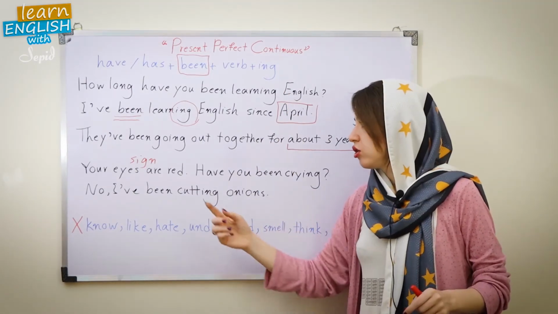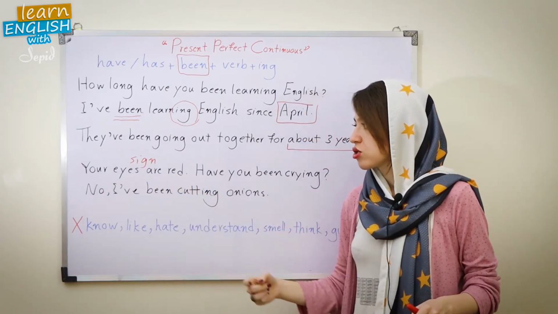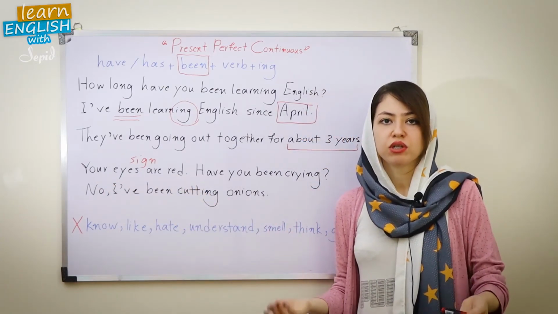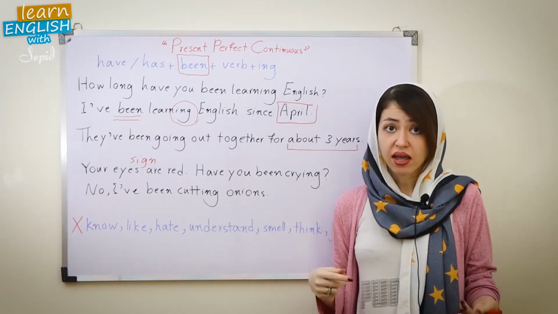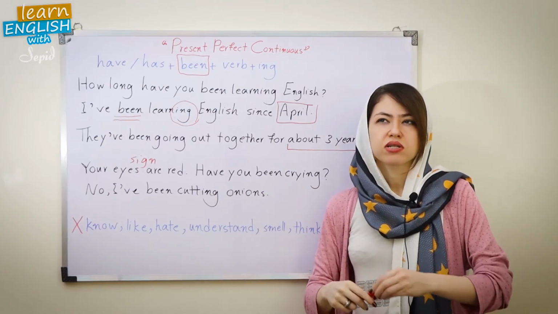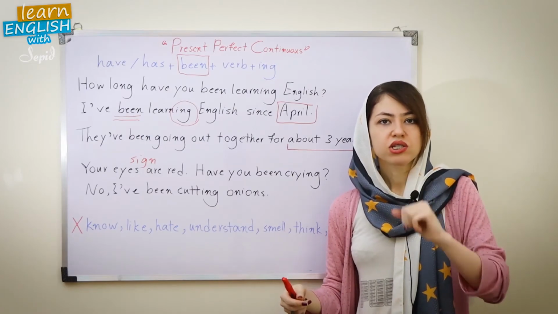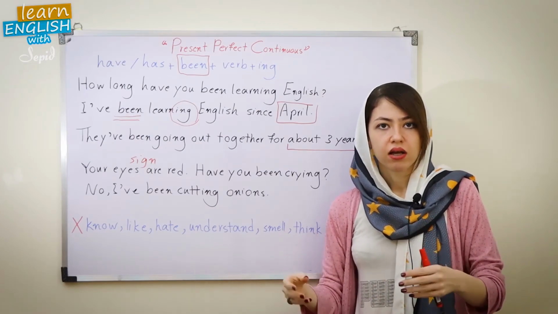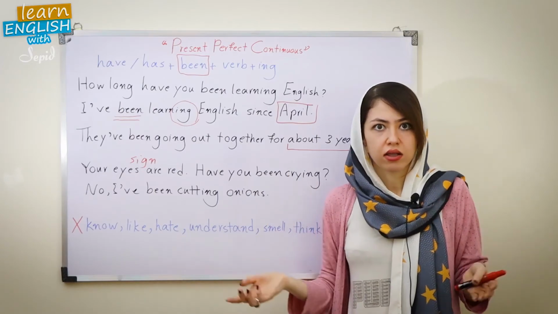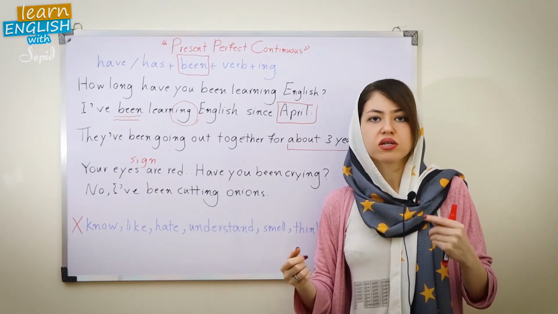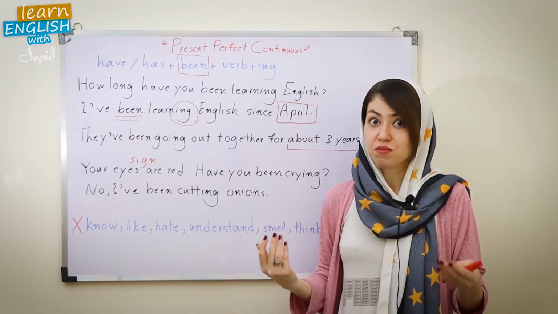So then you would say, for instance, your eyes are red. What have you been doing? Or have you been crying? And for instance, what else can we say? You notice that there's a smell in the house, a pleasant smell.